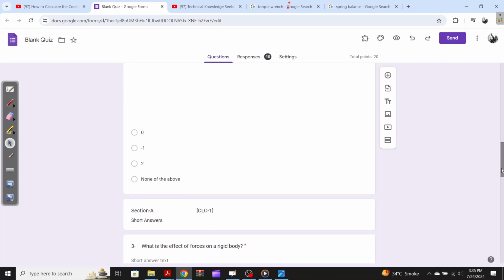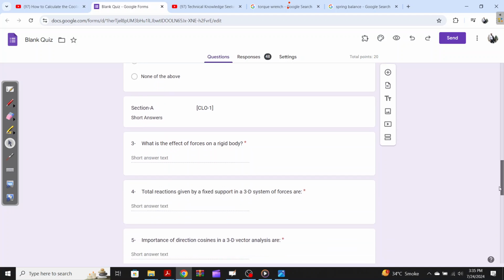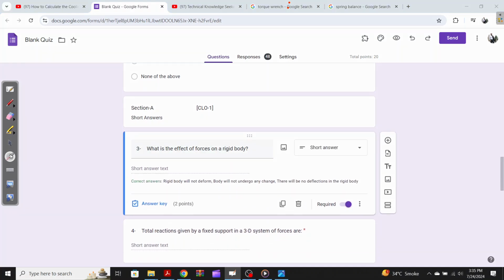Let's ask another question. What is the effect of forces on a rigid body? Do you know what a rigid body is? A rigid body is a body which cannot be deformed regardless of the magnitude of force.